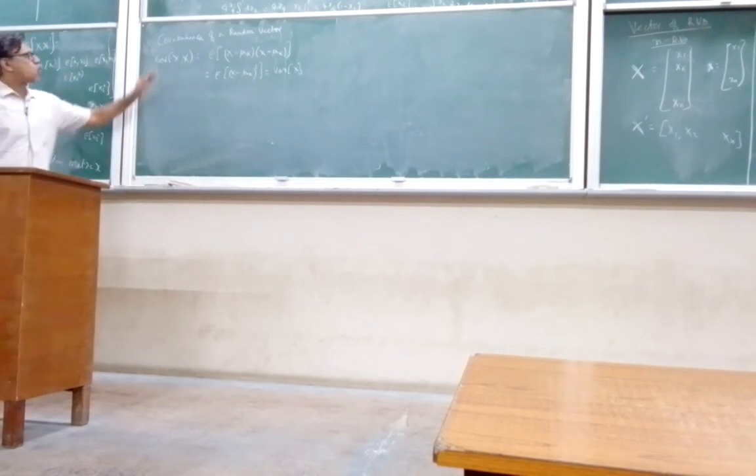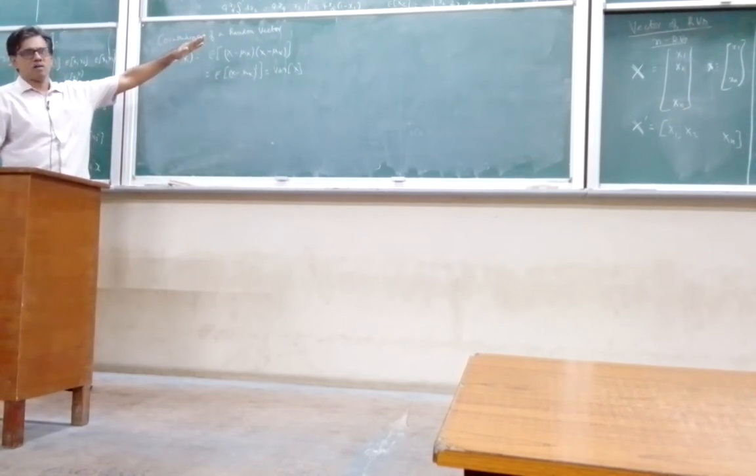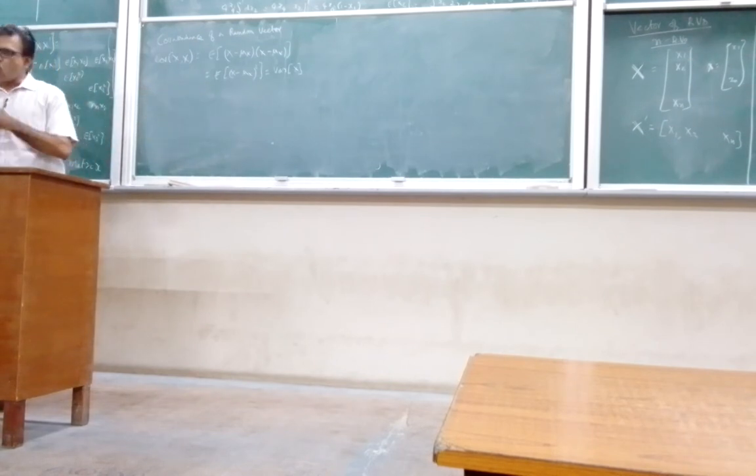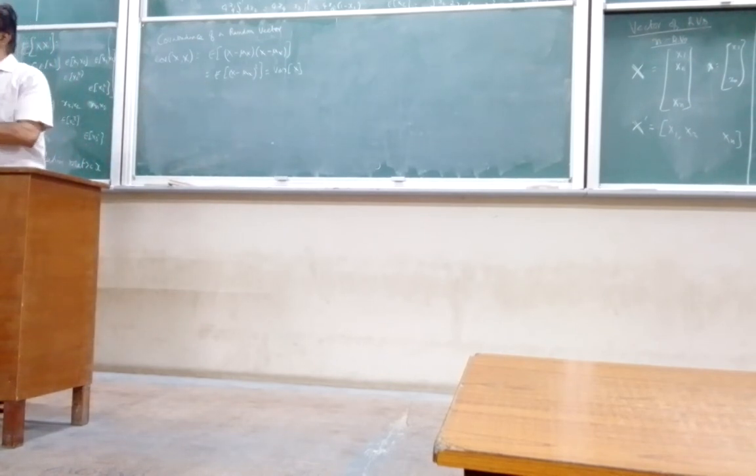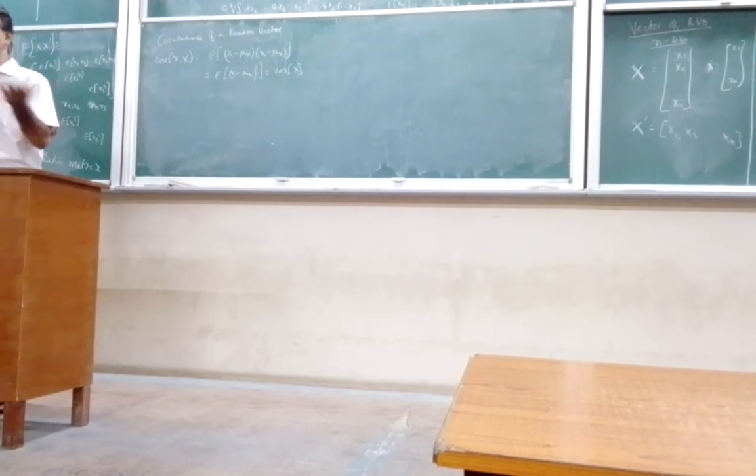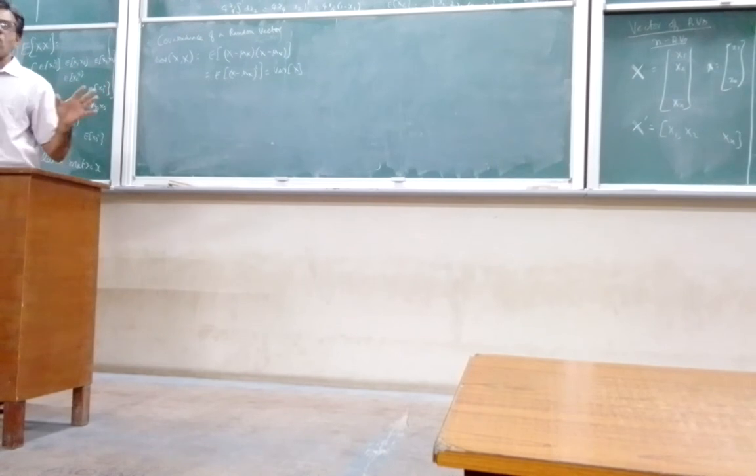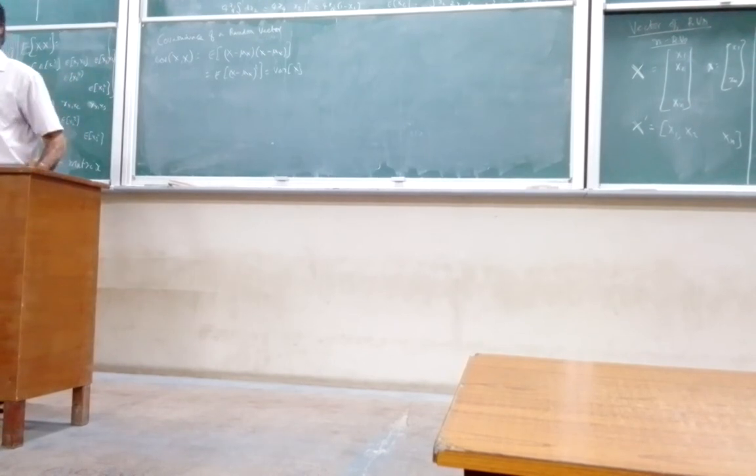So covariance of x with itself is nothing but the variance of x. Now we are talking about the covariance of a random vector. What it means is the covariance between different elements of the random vector. Each element is a random variable. So the covariances between different elements, x1 with x3, x4 with x7, whatever it is, you have to find all possible covariances between all the elements and arrange them in the form of a matrix.